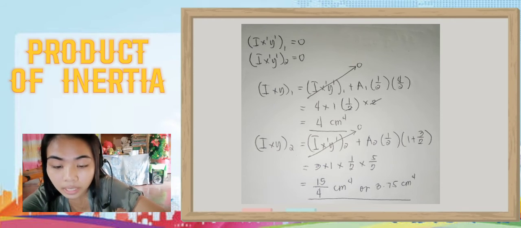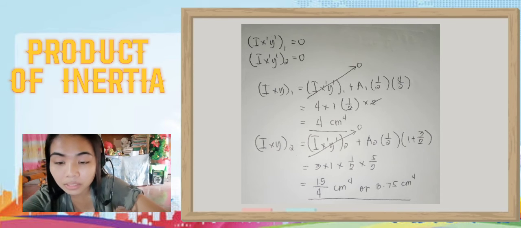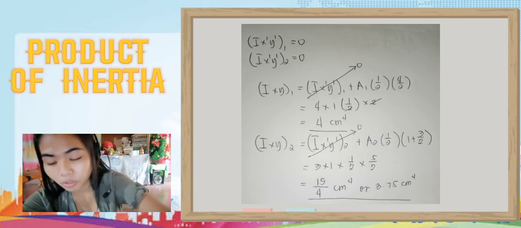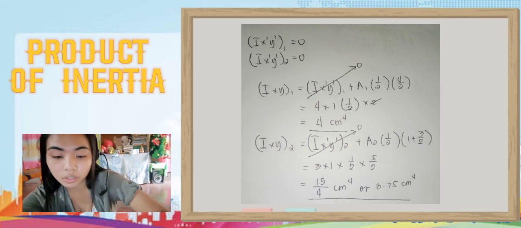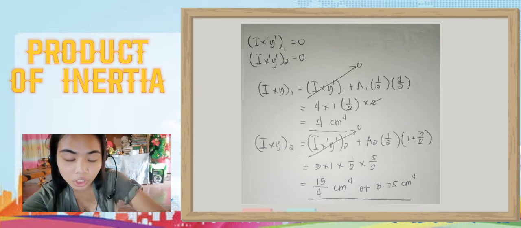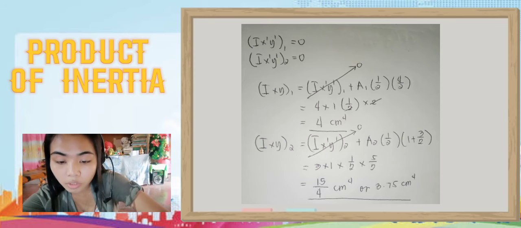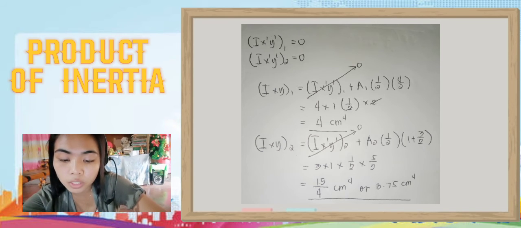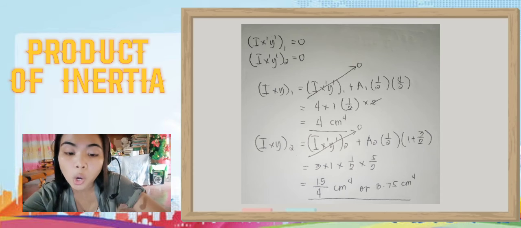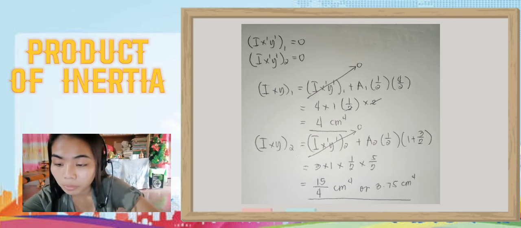Next, kasi makita naman natin, i-equate natin siya kanina sa 0. So, yung value ng first equation is equal to 0, so makakansel out siya. Natira na lang is 3 times 1 times 1/2 times 5 over 2. So, kung i-solve natin yung lahat, magiging 15 over 4 cm raised to 4 or 3.75 cm raised to 4.